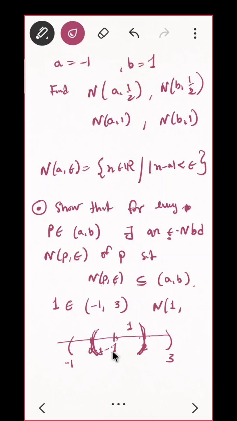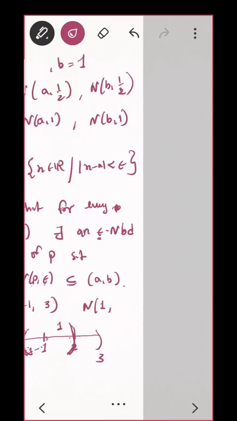Or if you're not getting that, what this is saying is your x is lying between 0 and 2. Do you agree? Yeah, I'll show you, don't worry. So earlier I told you that my point is 1 and it is lying between -1 to 3. Is that clear now? Is the first part clear? Okay.